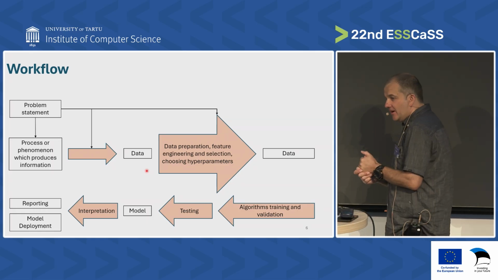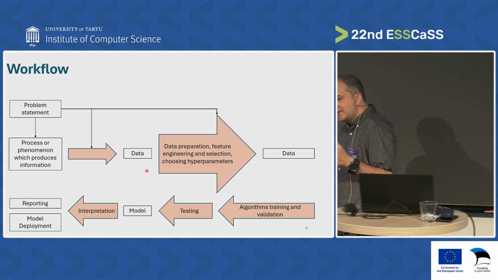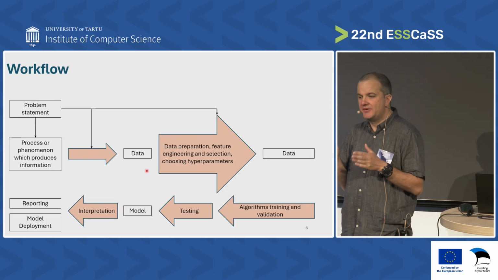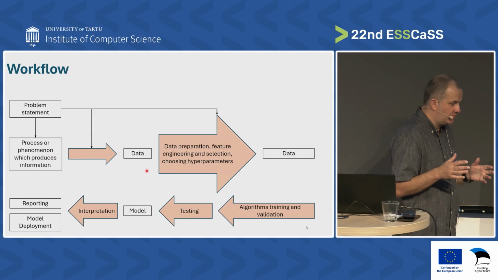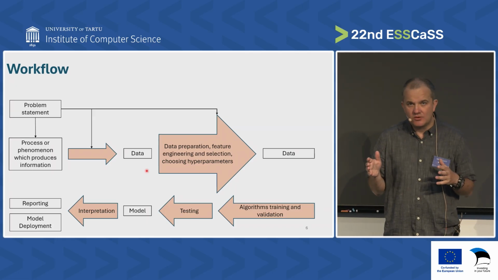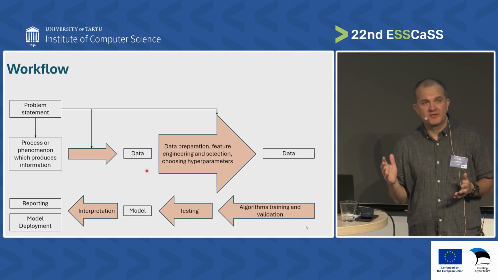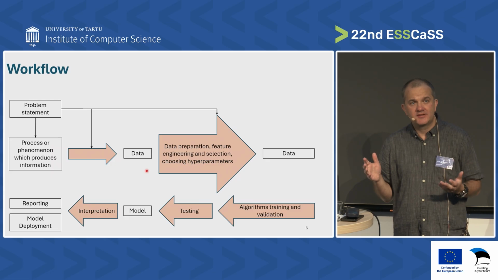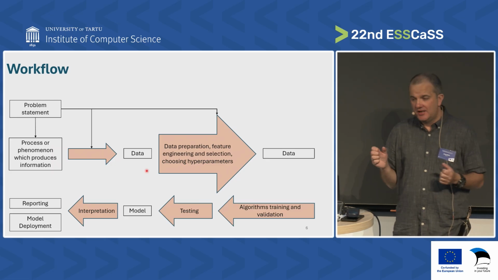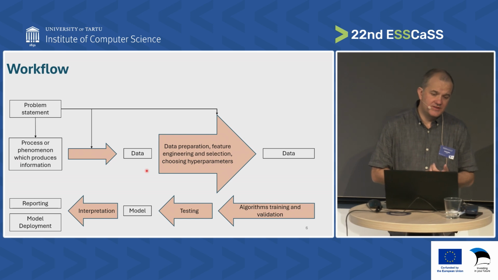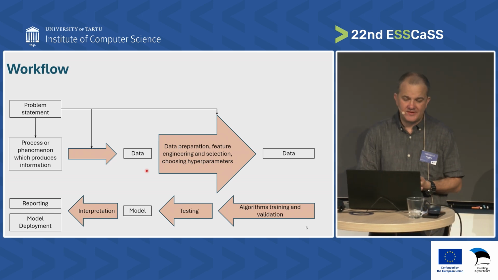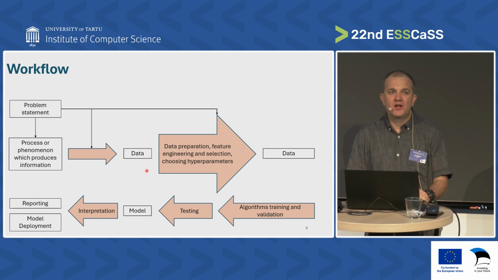And then nowadays, after getting this model, which we are happy to deliver, in many areas there is another very important step, which is called explanation or interpretation. In many areas it's becoming mandatory because, for example, in finance, law, and medicine, you should be able to explain why a certain classification decision was made.